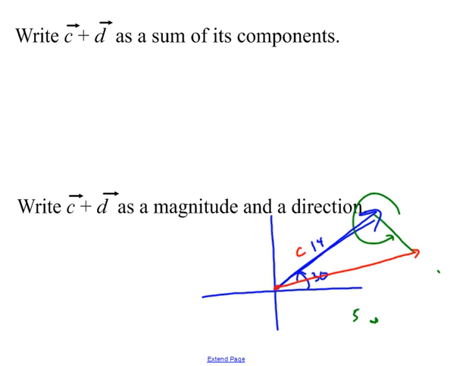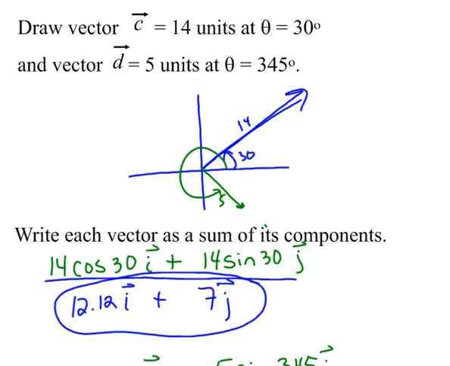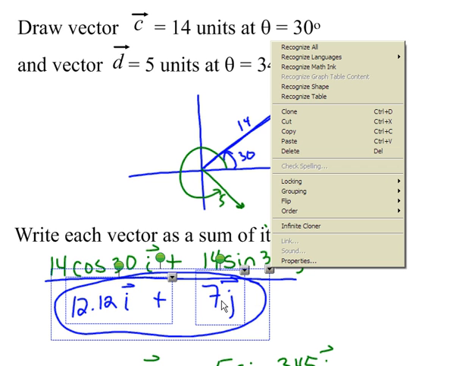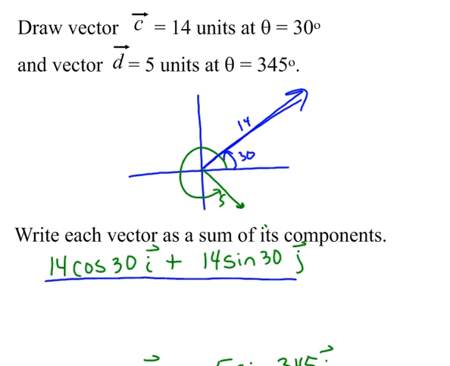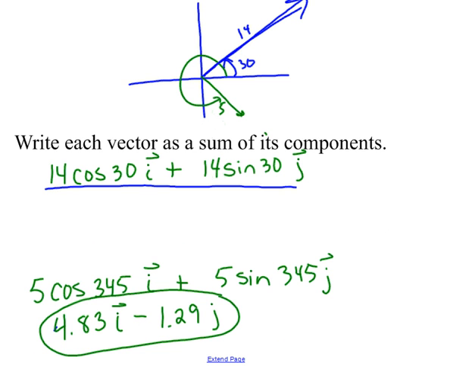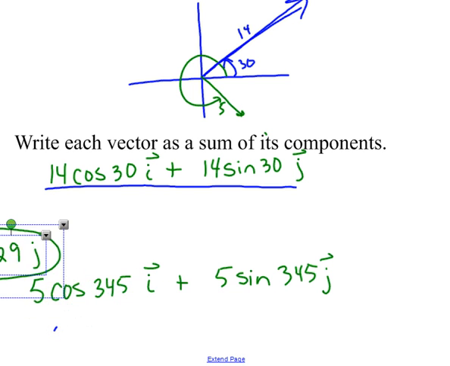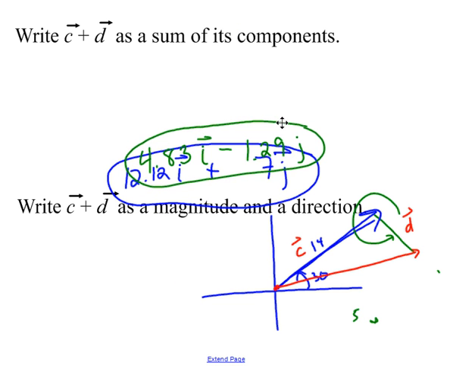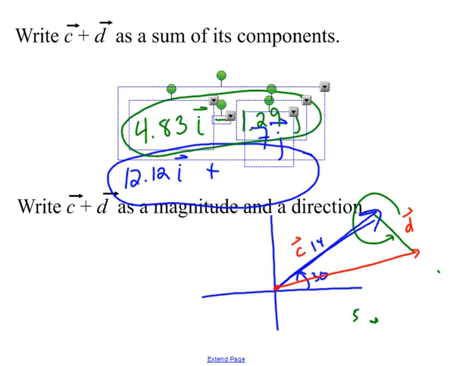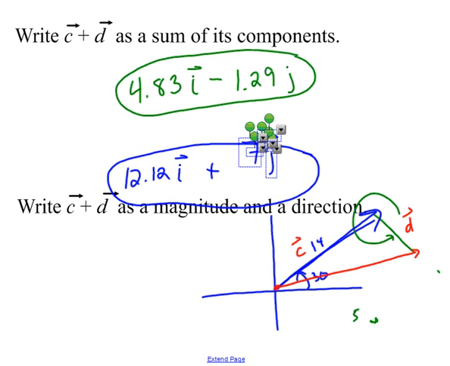Remember, this was C and this was D. So that's my resultant vector. We have the equations here, so I'm going to move them over as well. Okay, so this was vector C and this was vector D.